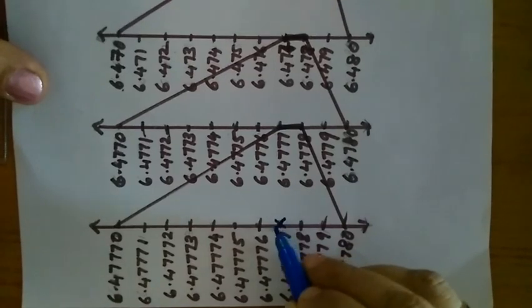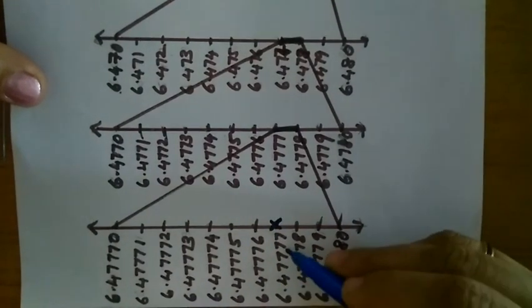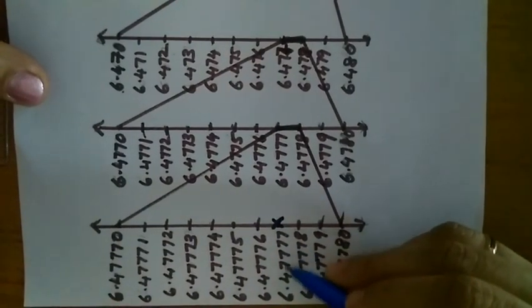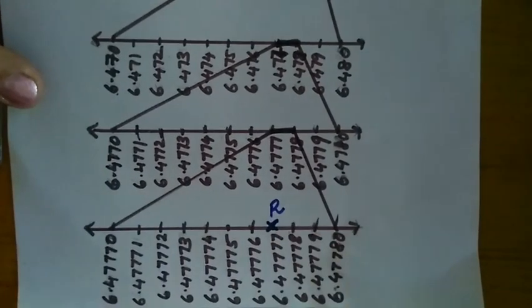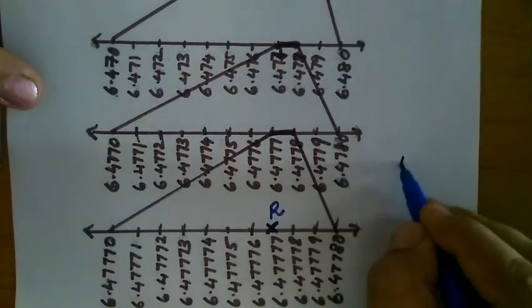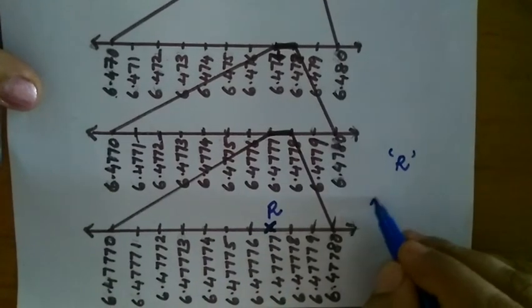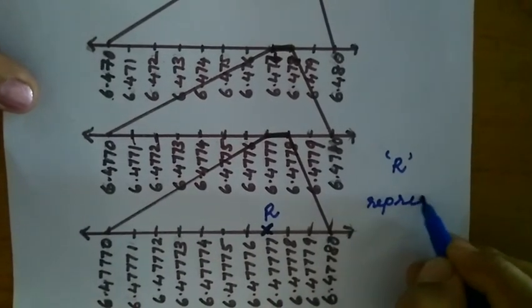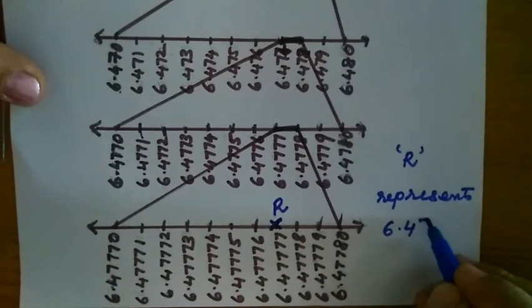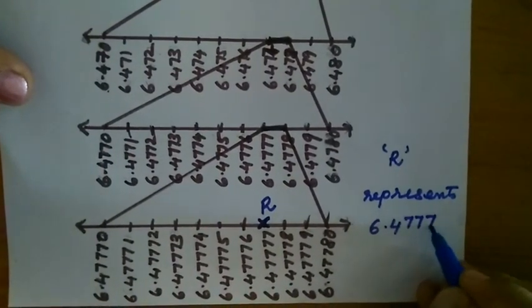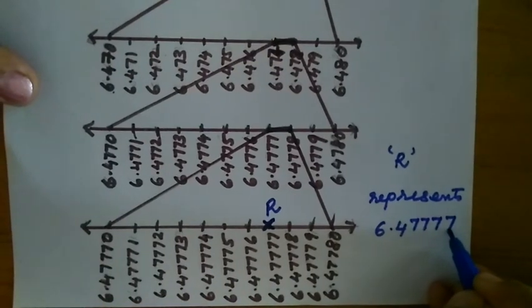After 4, 7 is repeated 4 times, total 5 decimals. So I'll write R here. R represents 6.47777.